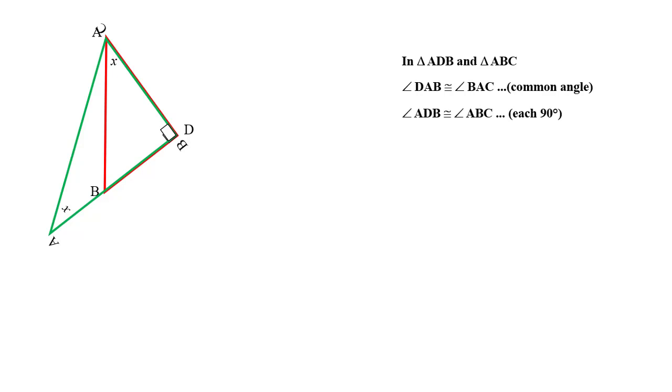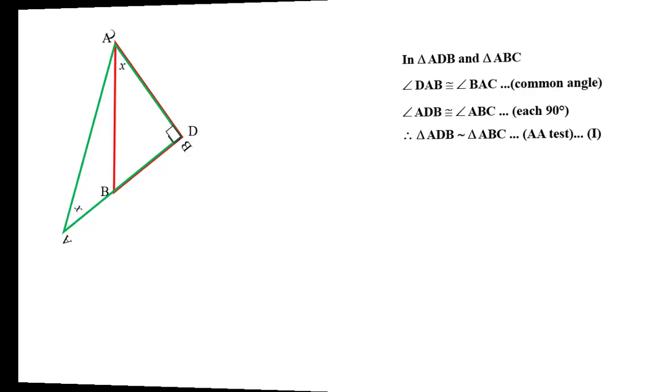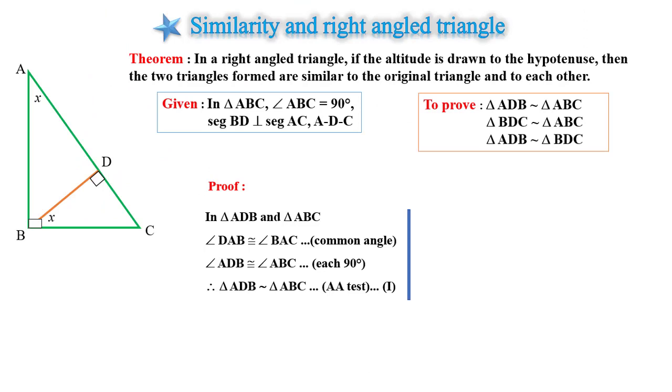Therefore, angle ADB is congruent to angle ABC, 90 degrees each. Therefore, triangle ADB is similar to triangle ABC according to the AA test. This is statement number 1. Now write this on this page.